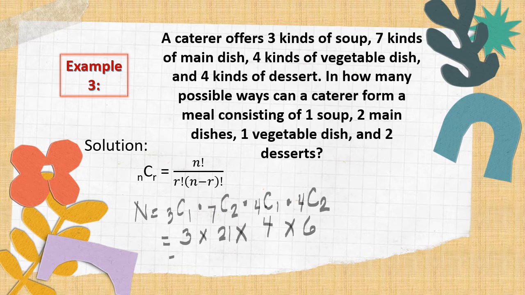So we're going to multiply all of them. 3 times 21 times 4 times 6 is equal to, ayan, ang total is 1,512 ways.